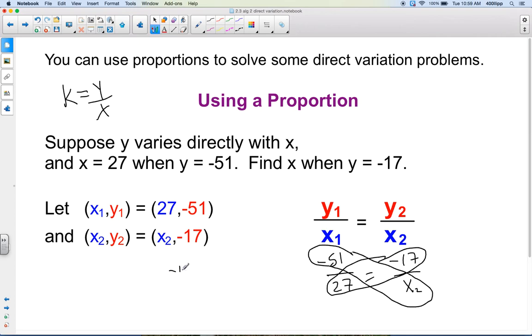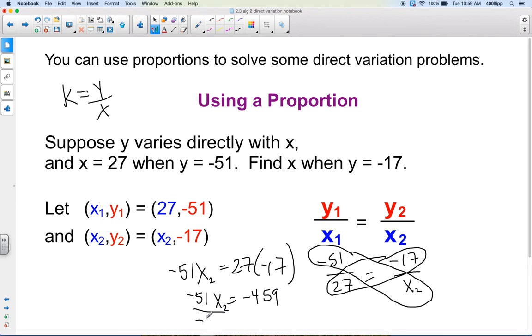I have negative 51 times x. You can write it as x sub 2. We'll just put that in actually so we don't get confused. Is equal to 27 times negative 17. And then it's just some quick algebra here. We have negative 51 x sub 2 is equal to, multiplying these out, negative 459.